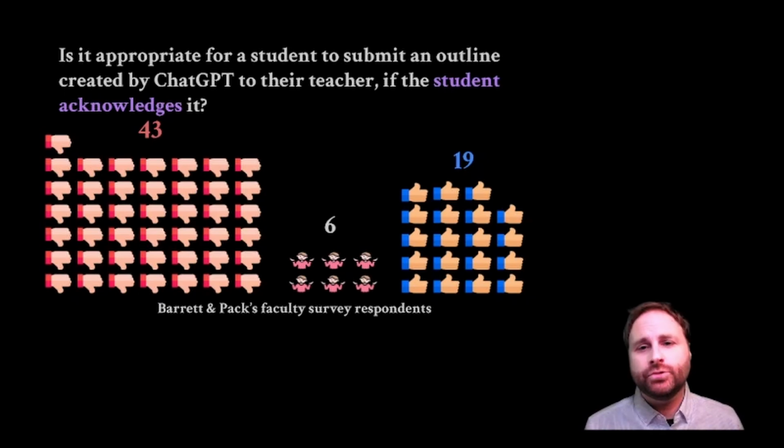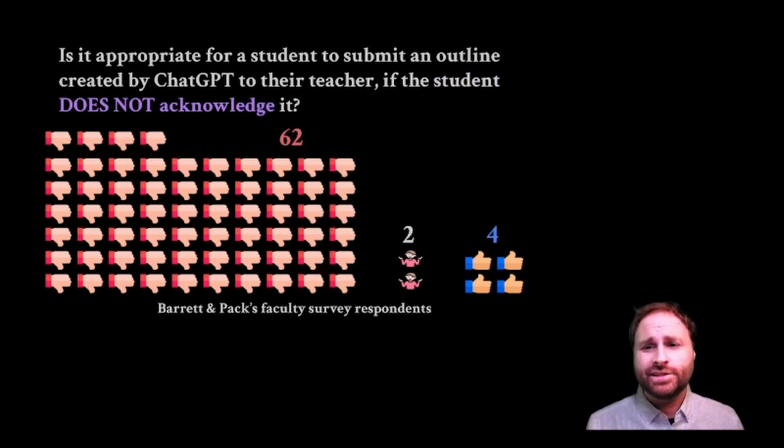The teachers showed greater agreement about whether it was acceptable for a student to hand in an outline produced by ChatGPT. A majority of the teachers did not think it was acceptable for a student to hand in an outline written by ChatGPT, even if the student acknowledged that they had used ChatGPT to write it.